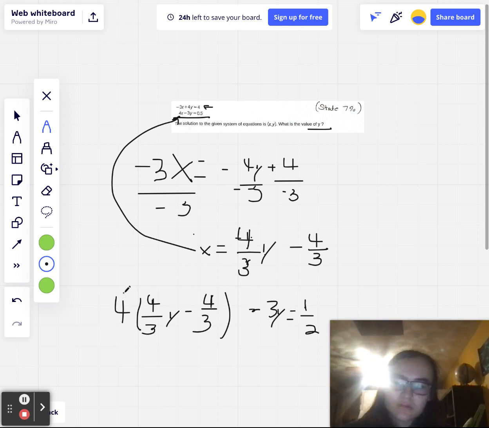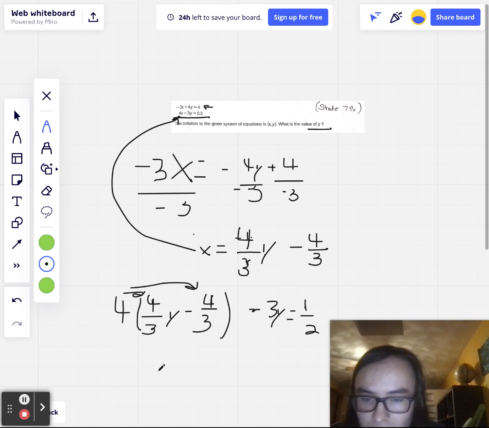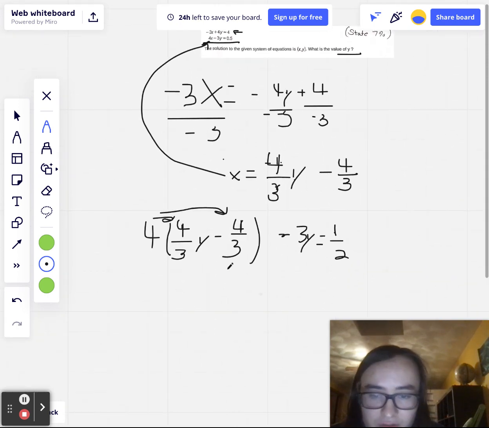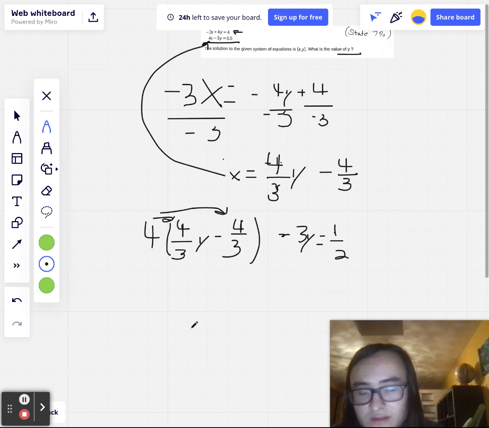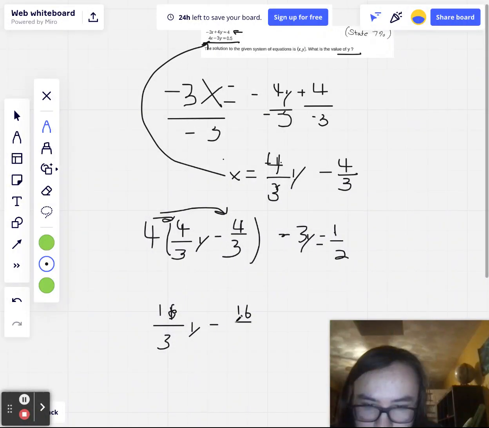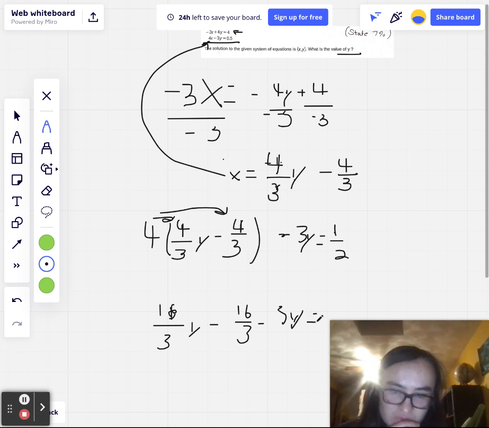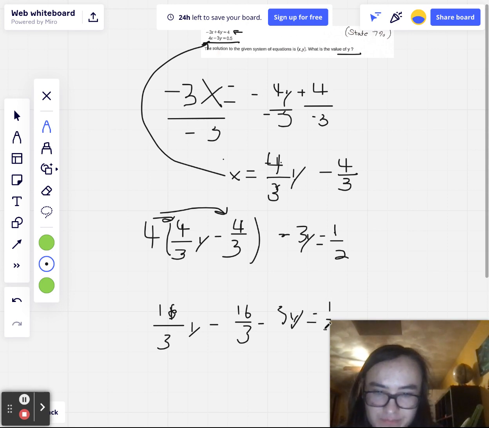Then we'll just multiply both by 4, which will end up giving you 16/3 y minus 16/3 minus 3y equals 1/2.